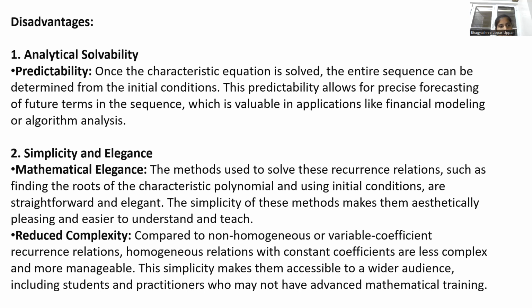Simplicity and elegance, mathematical elegance. The methods used to solve recurrence relations, such as finding the roots of the characteristic polynomial and using initial conditions, are straightforward and elegant. The simplicity of these methods makes them aesthetically pleasing and easier to understand and teach.